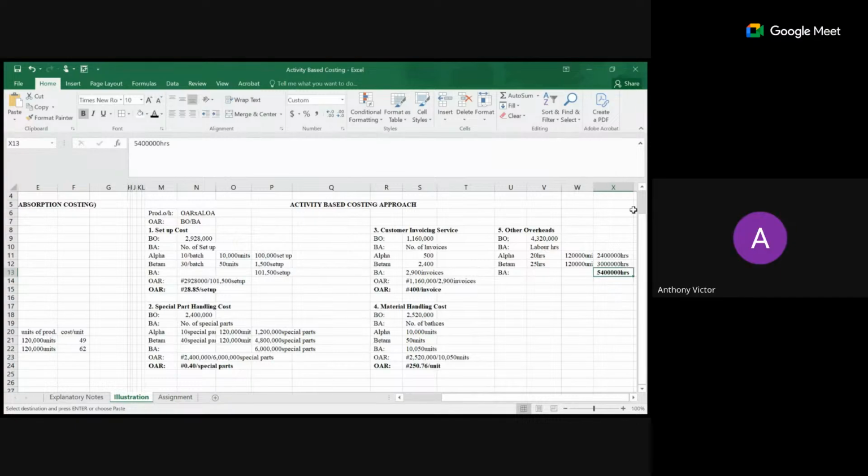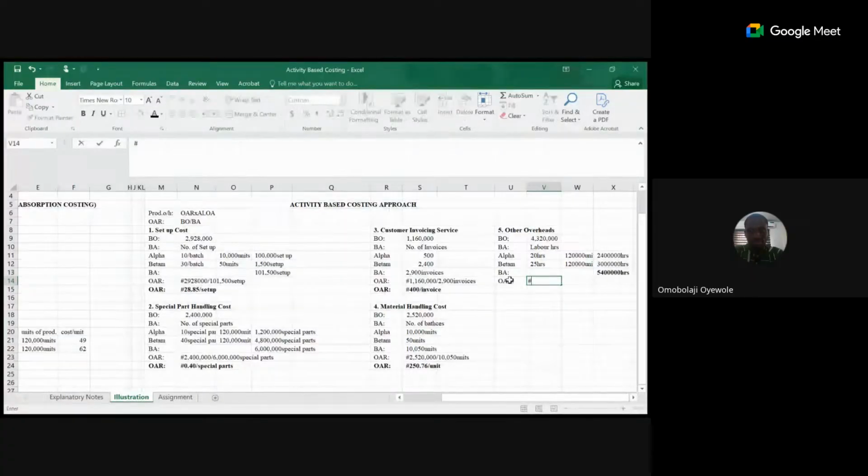Yes. So OAR will now be 4,320,000 divided by 5,400,000 hours. So OAR will be 0.80 per hour.